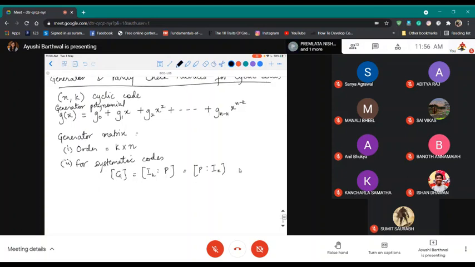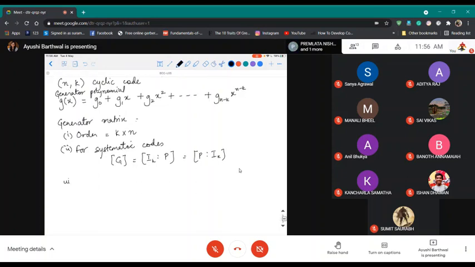Now when we have to represent the generator matrix with the help of the generator polynomial, how are we going to write it? The first row of the generator matrix will be the same as g0, g1, g2 up to g_{n-k}, and the rest of the terms will be 0.